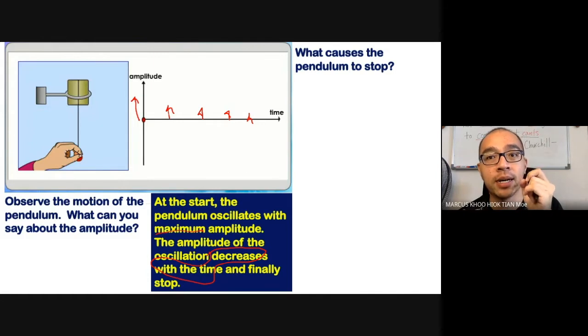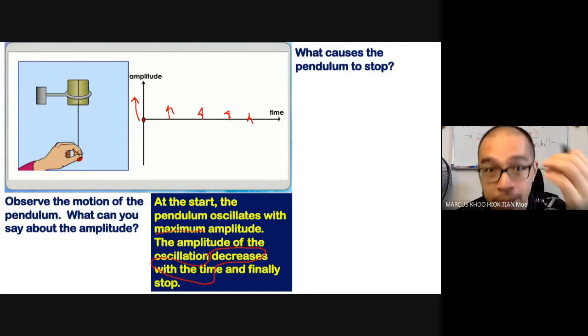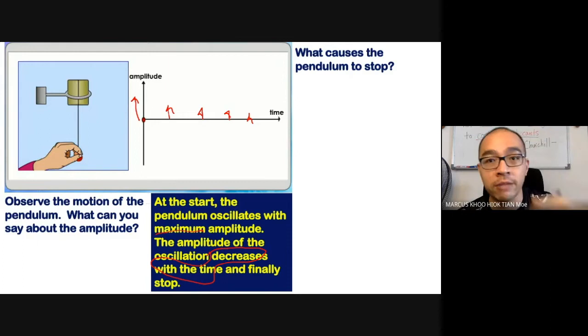One thing that we've learned in Form 3 is that energy doesn't disappear. You cannot create energy and you cannot make energy disappear. It just transforms from one form to another form. So when you say energy dissipates, it has to dissipate because of something.